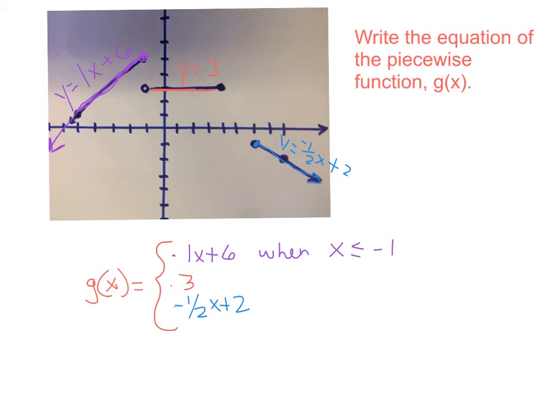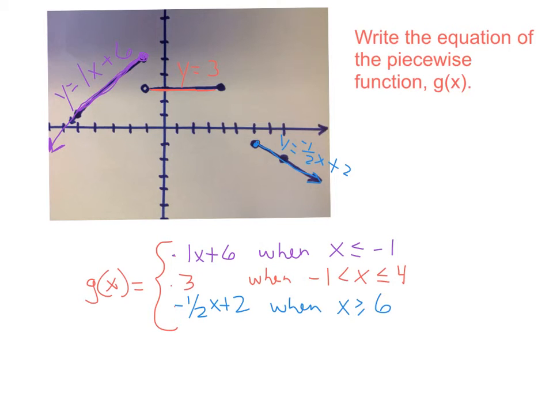The red section is everything from negative 1 to 1, 2, 3, 4, but not including negative 1, but including 4. And then the last section is y equals negative 1/2 x plus 2 from, looks like 1, 2, 3, 4, 5, 6 all the way to infinity. So when x is greater than or equal to 6. And that is the equation of the piecewise function.